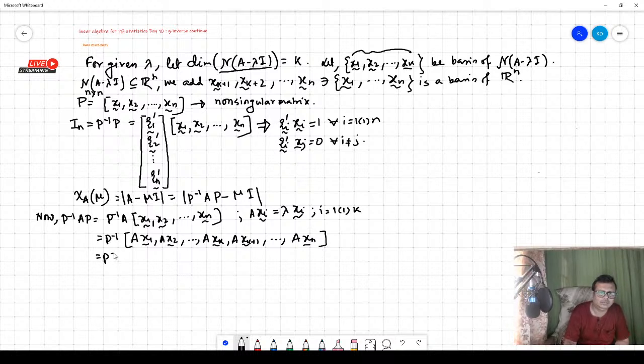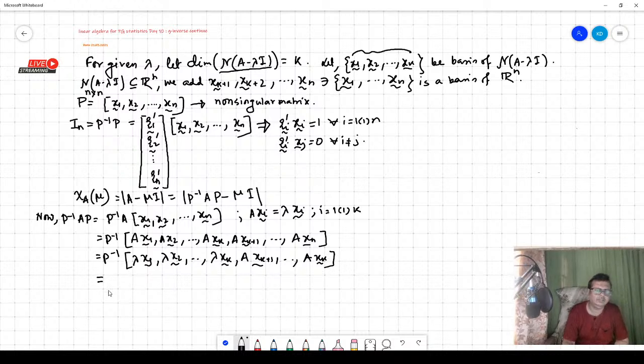So this is equal to x, it should be lambda x1 curl, lambda x2 curl, ..., lambda xk curl, A xk+1 curl, ..., A xn curl.